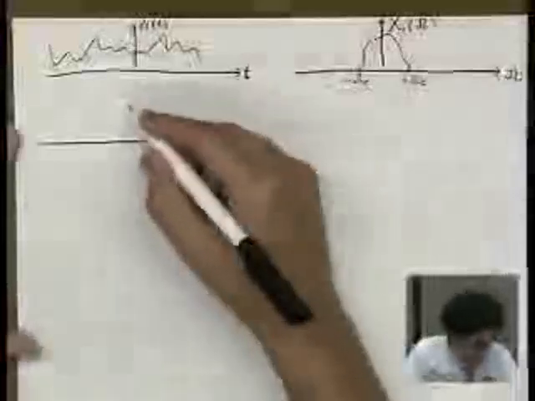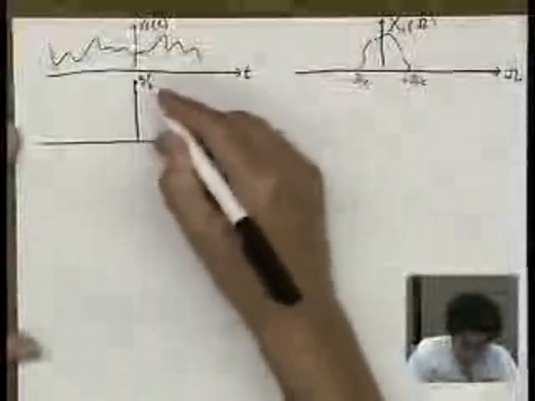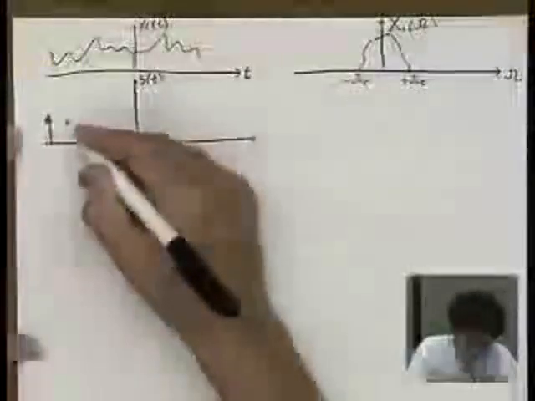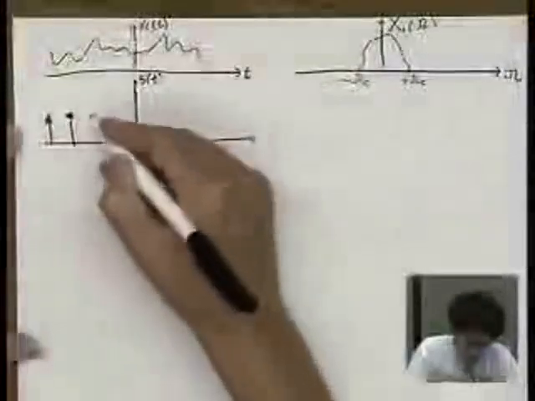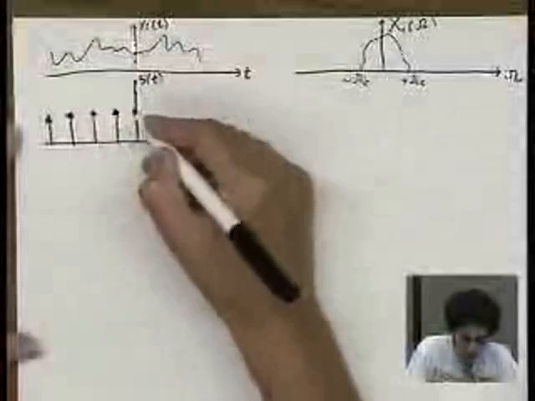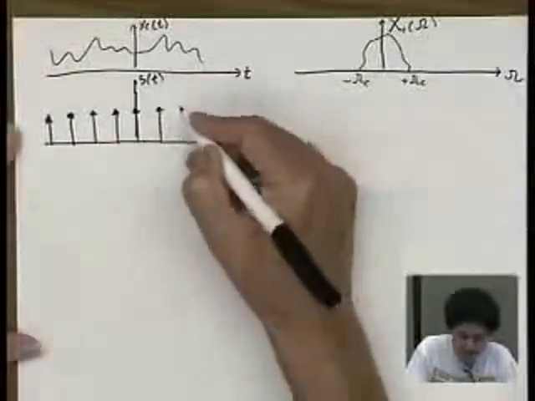Next thing we do is multiply this x sub c of t, our continuous time signal, by this train of delta functions, s of t. So let's just draw s of t. Here's our train of delta functions. They're all of equal height, which means that if I integrate the area under each one of them, I always get 1.